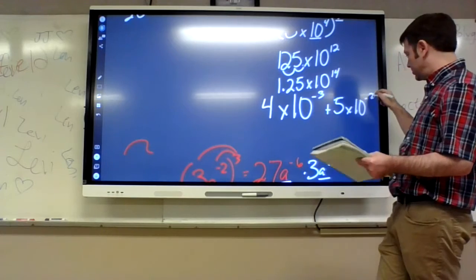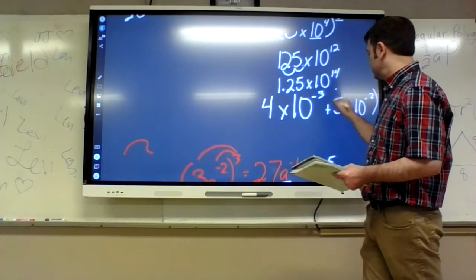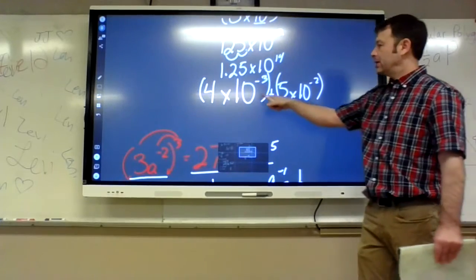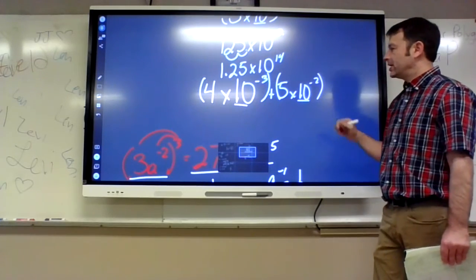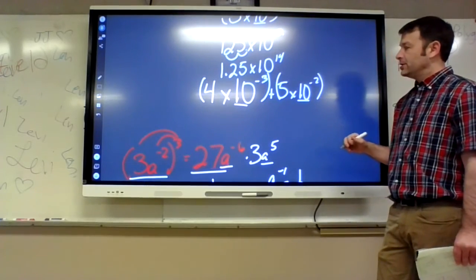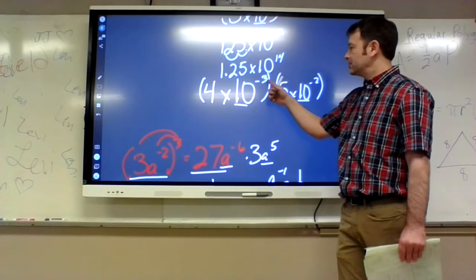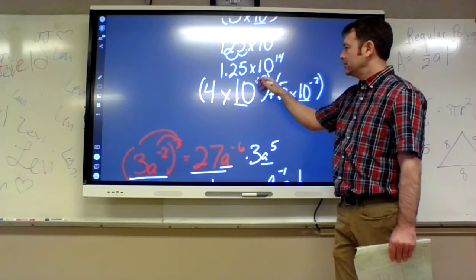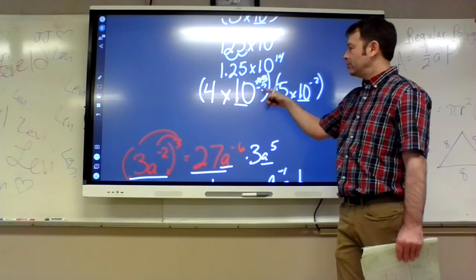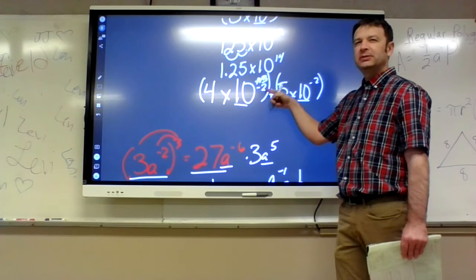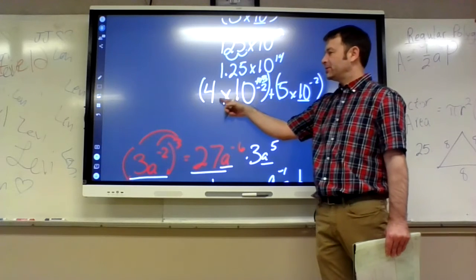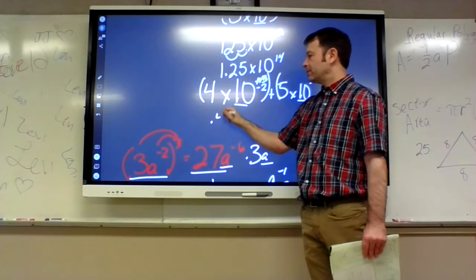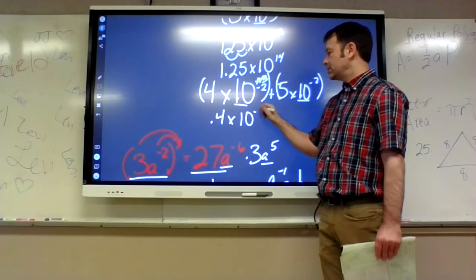I'm just copying it down right now. Okay, these are not like terms, so we can't really add them together right now. What I would do is turn this into a 10 to the -2. So I made that 1 step bigger, so I'd have to make this 1 step smaller. So it's 0.4 times 10 to the -2.